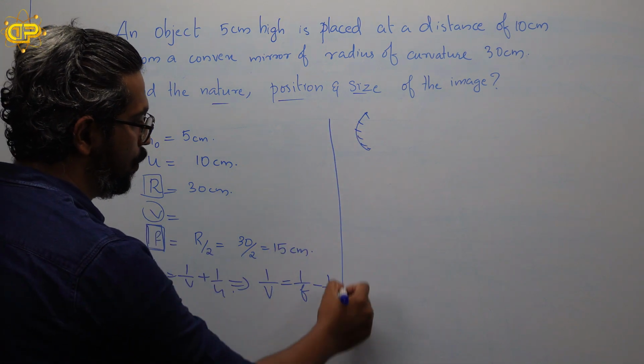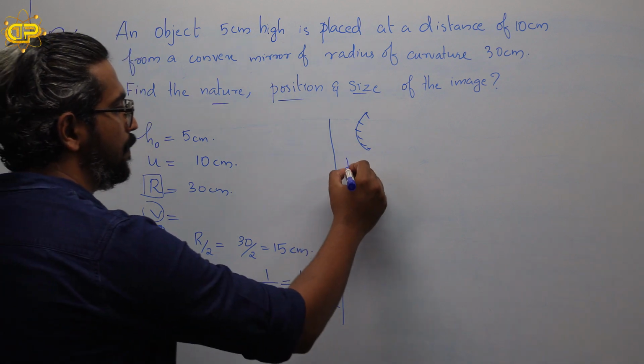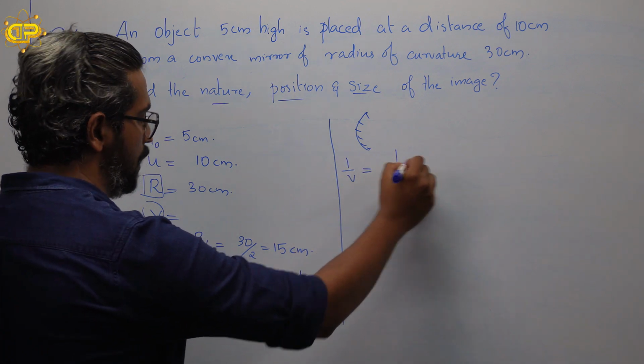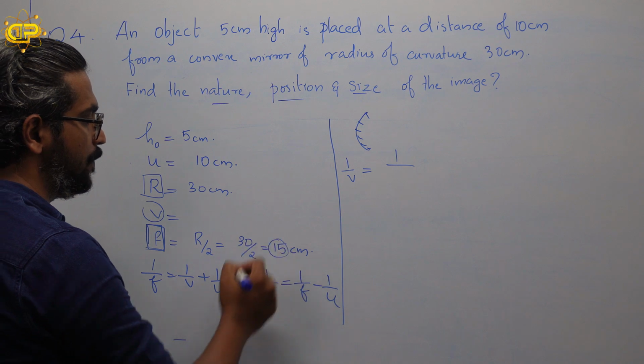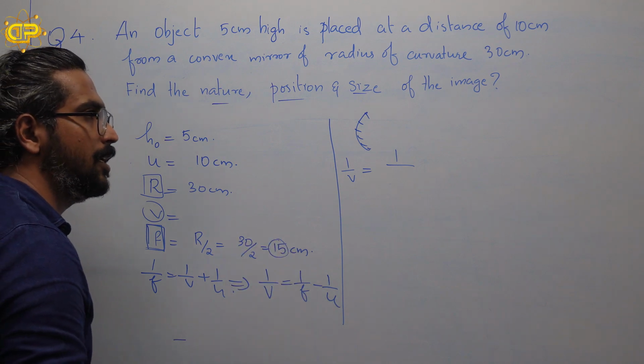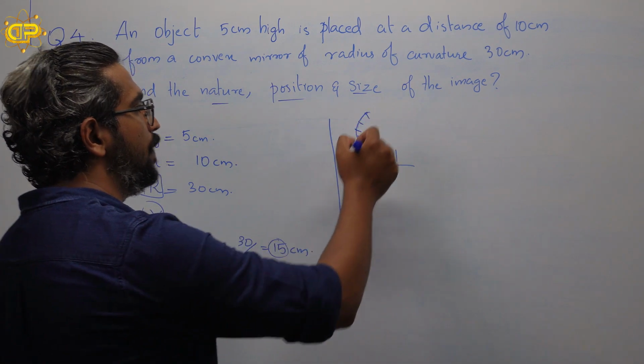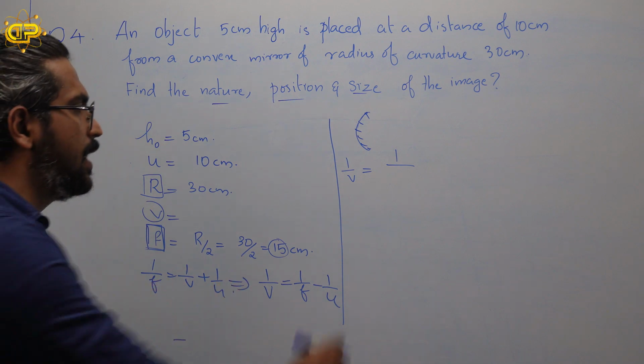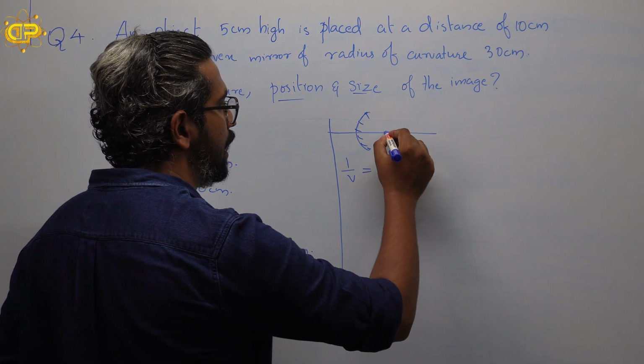Okay, let us see what is the equation there. 1 by V is equal to, what is 1 by F? F we had found that is 15 centimeter, whether it is positive or negative, because it is a convex mirror, it is a diverging mirror, definitely F will be on the other side.